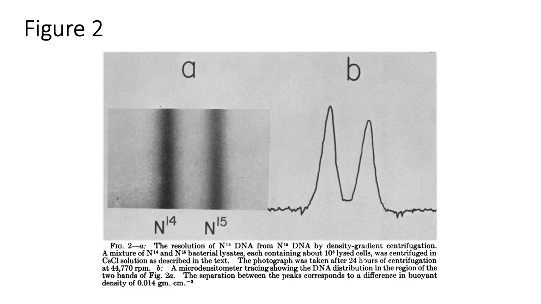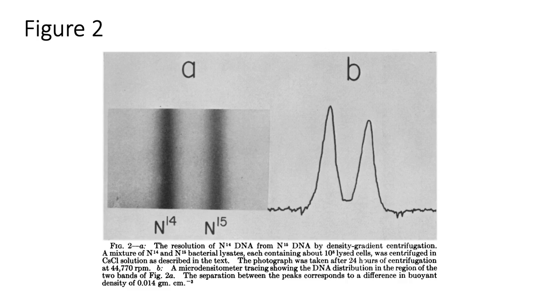If you have semi-conservative DNA, then before any rounds of replication, you will just have N15. After one round of replication, you will have DNA that is half N15 and half N14. So you will have a single line between these two spots, between where you expect the N15 and the N14.